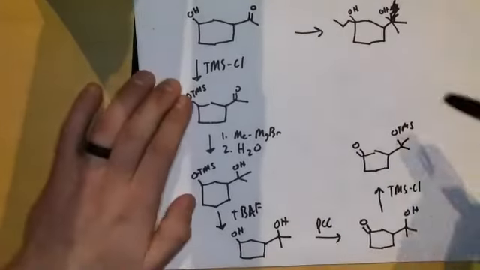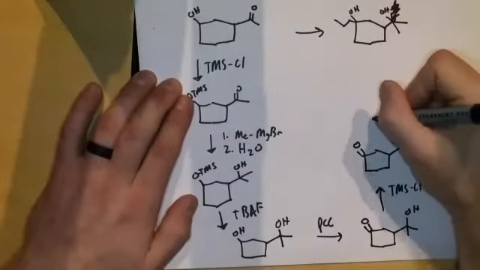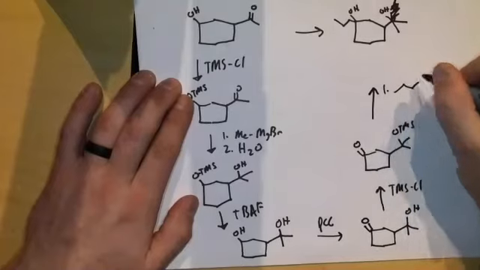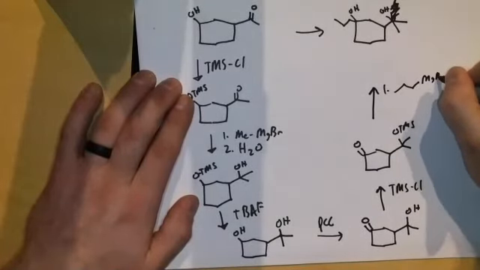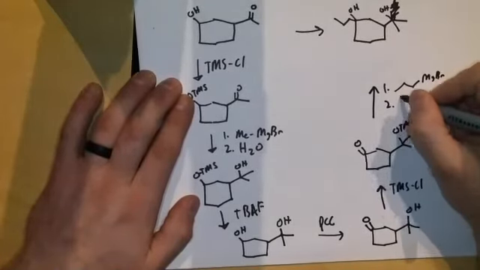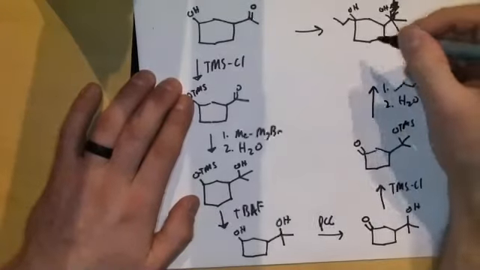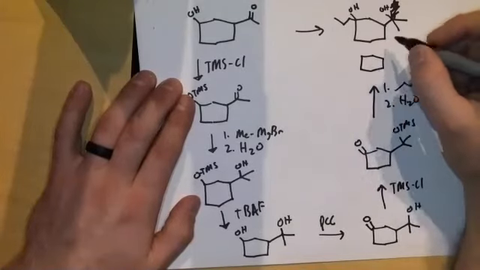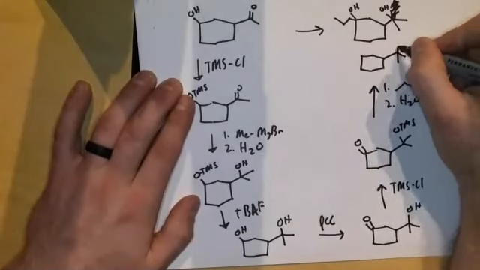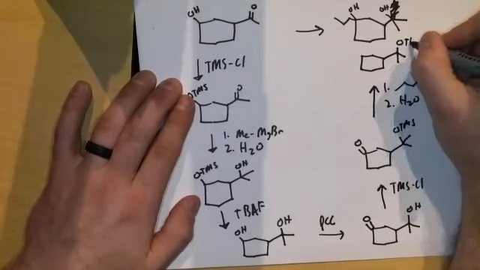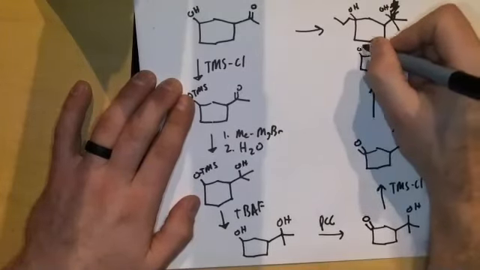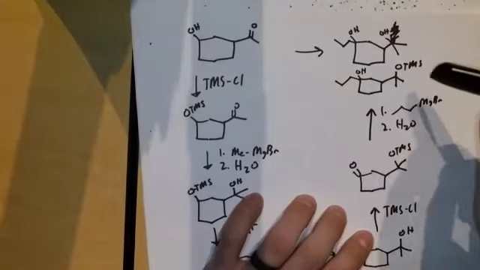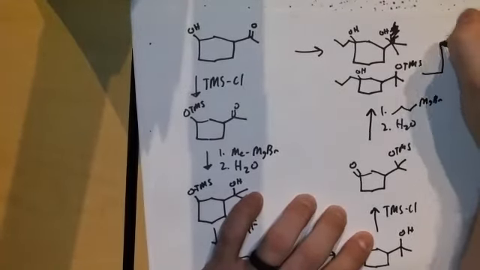I can throw in the Grignard for the other side, which is 3 carbons. Make what almost looks exactly like the final product. And then from here, take this TMS off.